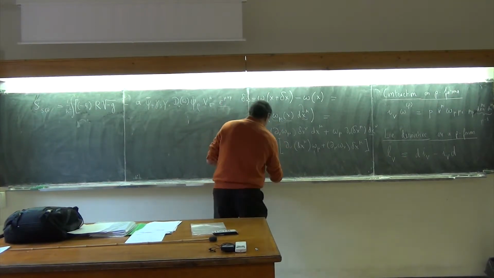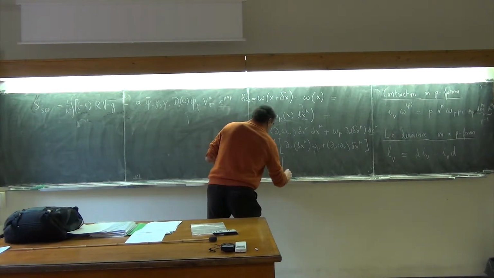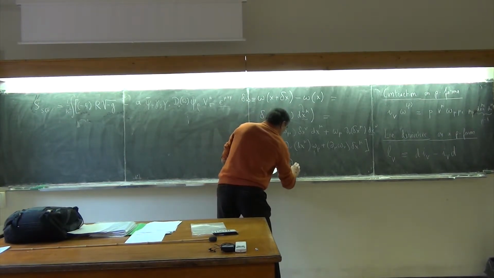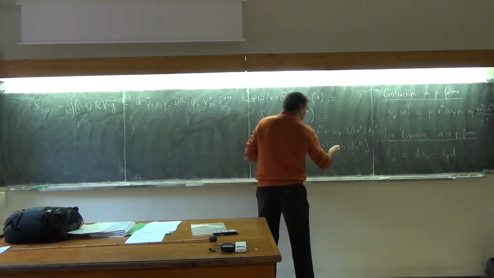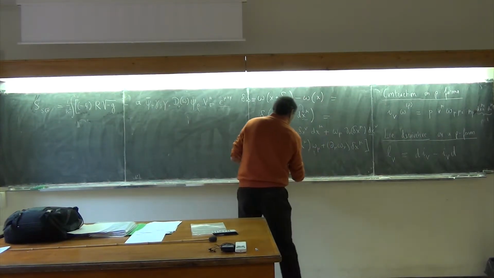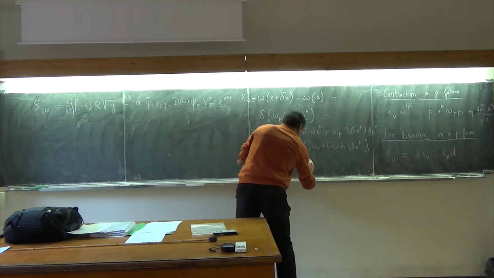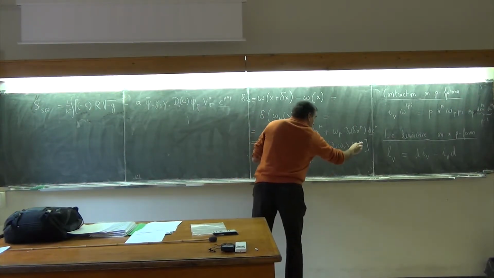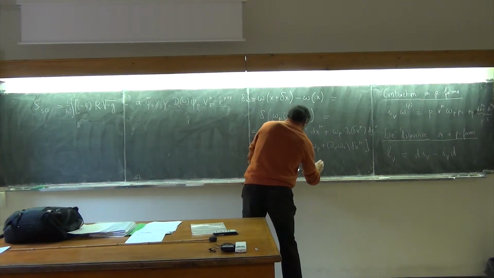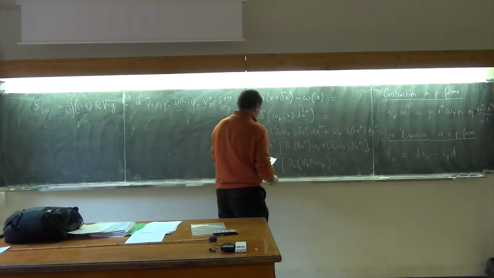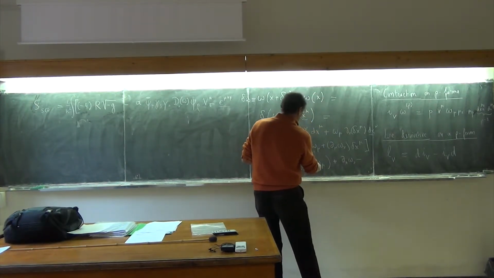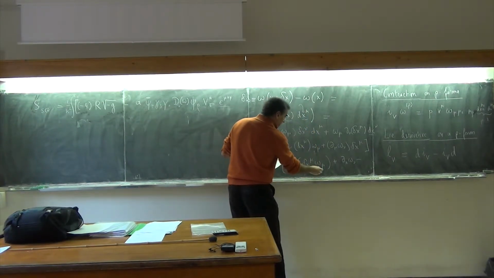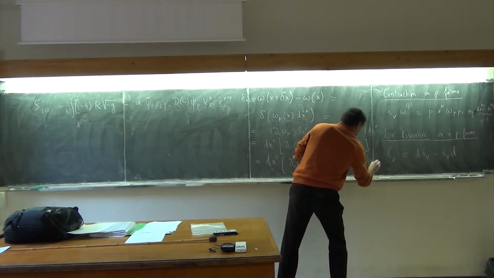Okay, now I rewrite this in a more suggestive way, in this way, d nu. Here I take this, but I take the dx nu of dx mu, this whole thing, omega mu, plus then d nu omega nu, and then I have to subtract what I put here, because here I put this also on this, which was too much with respect to this, so I subtracted here d nu omega nu.